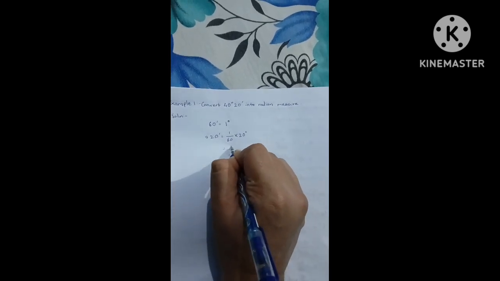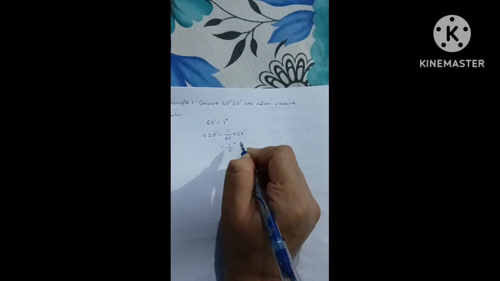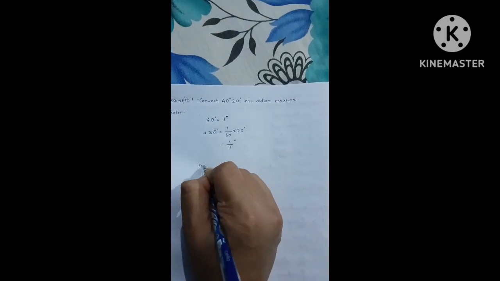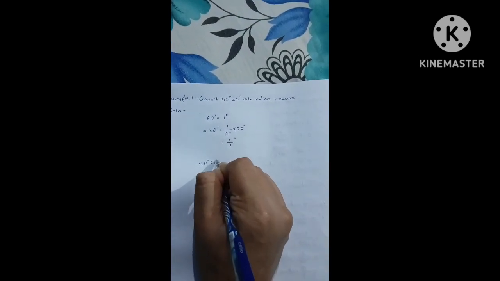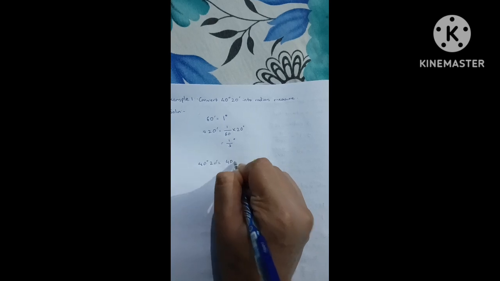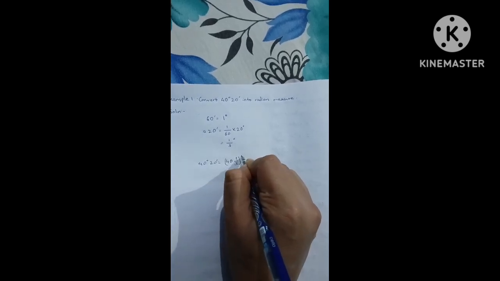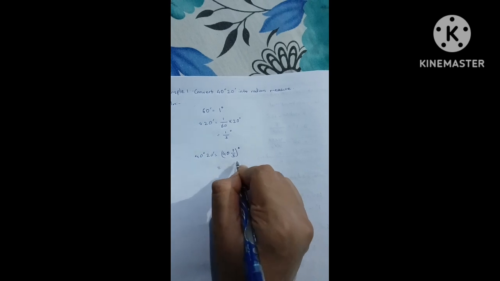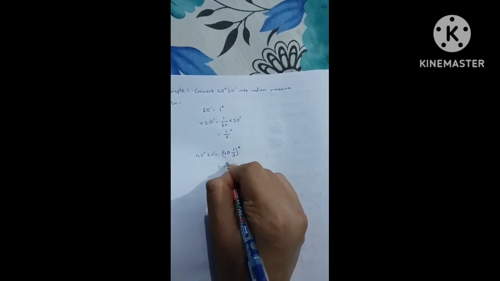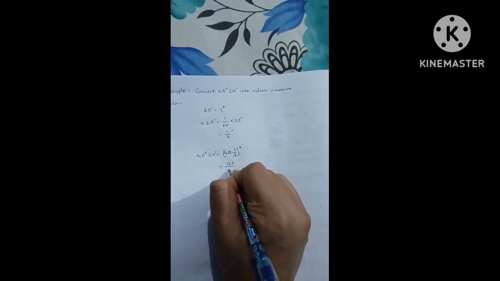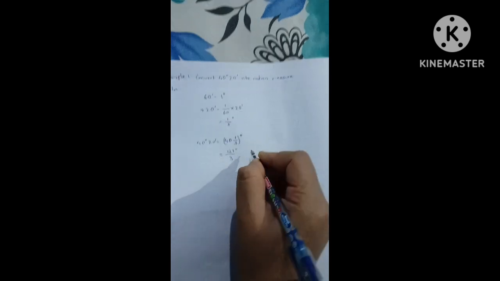By this we get 1 by 3 degree. So 40 degree 20 minutes is equal to 40 1 by 3 degree. Simplifying this we get 121 by 3 degree.